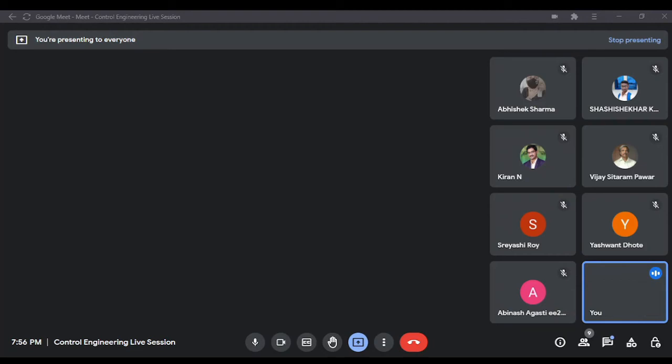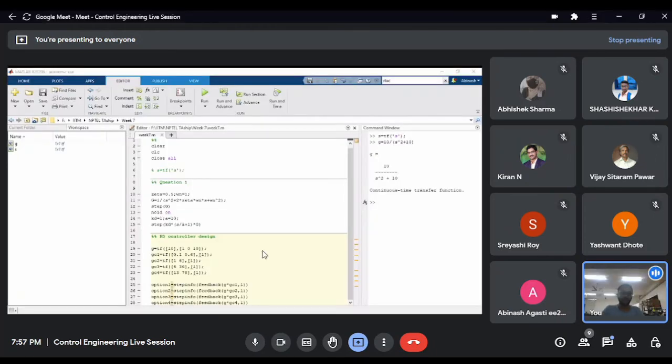Then I'll define G as the plant we have, 10 by S square plus 10. So G is equal to 10 by S square plus 10. This is our transfer function.